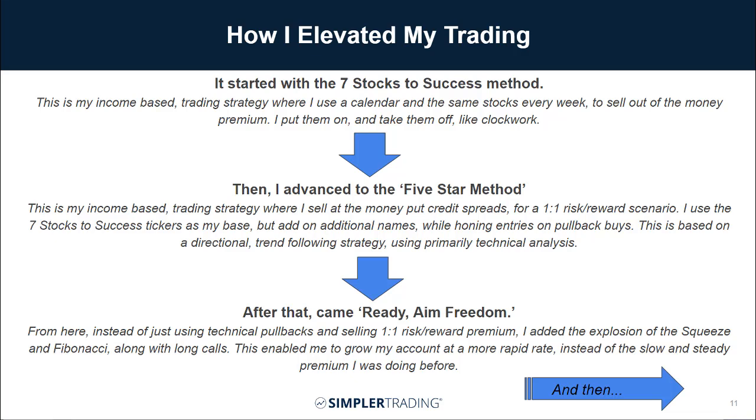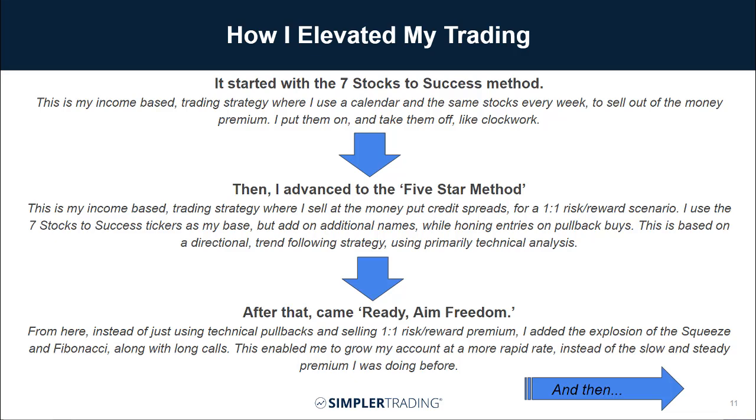So I want to talk for a second about how I elevated my trading, because I think this is really important, and in the end of this class, it does come full circle. So like we've discussed, I started with the 7 stocks to success method. It's my income-based trading strategy. I used a calendar. I used the same stocks every week, and what I did was I was selling out of the money premium.